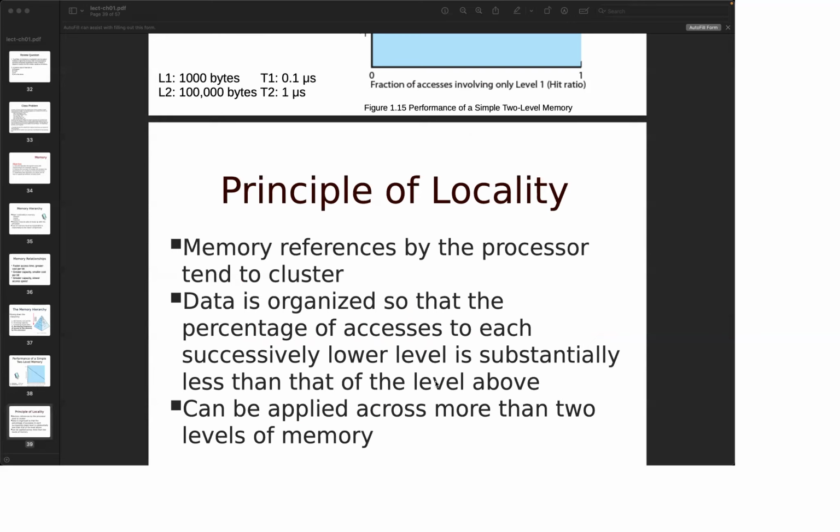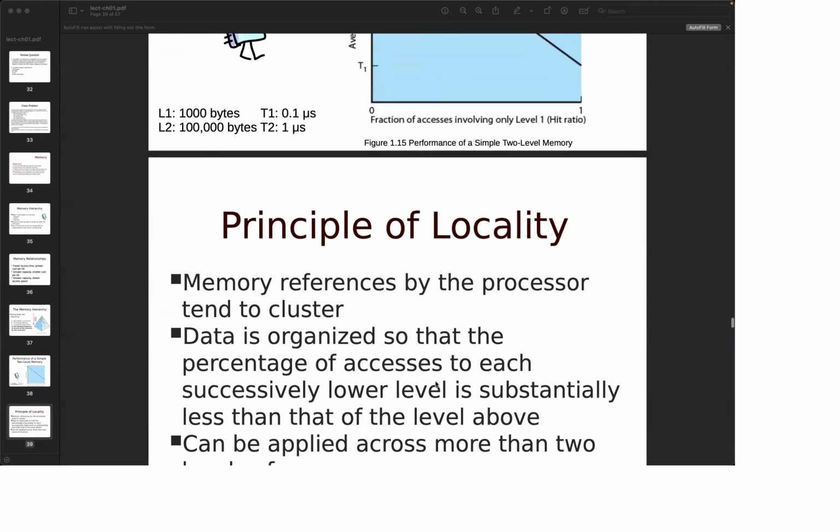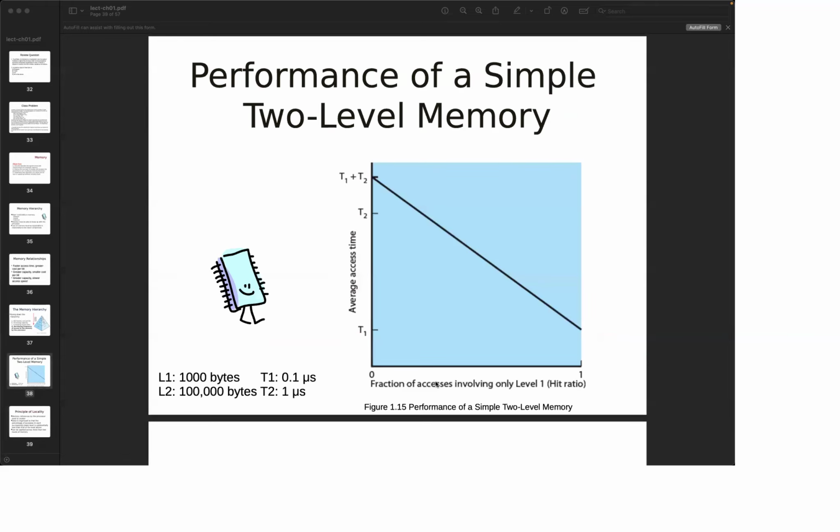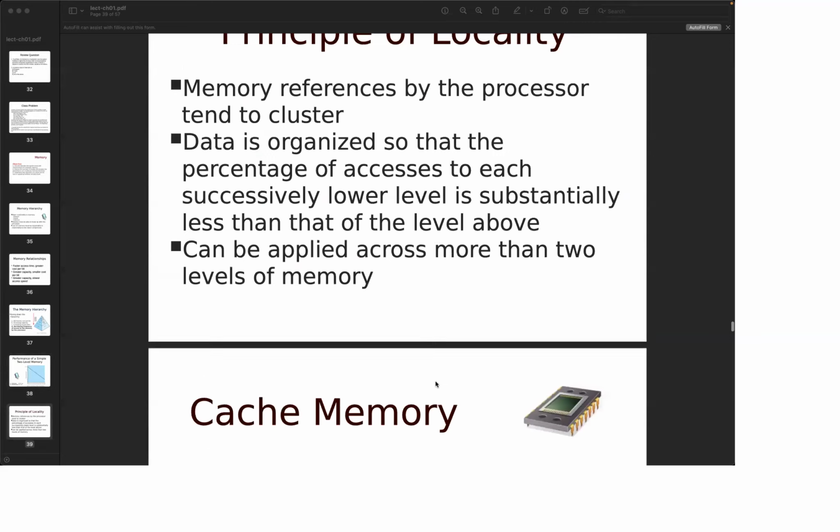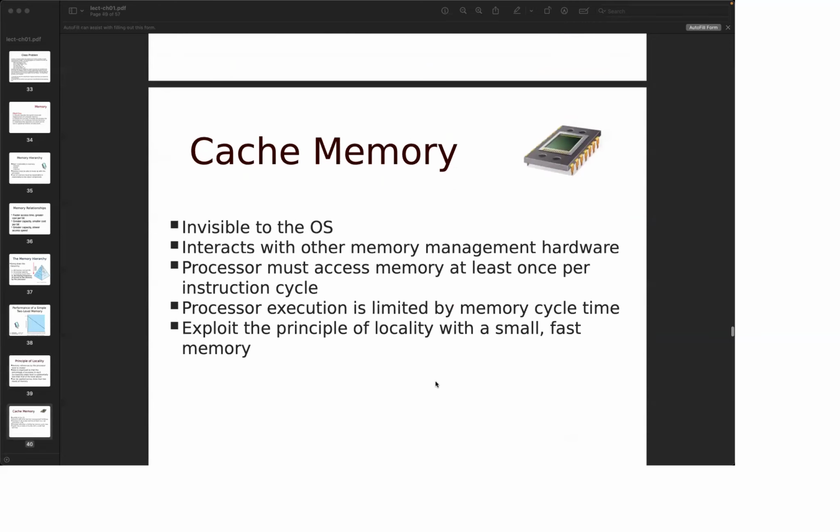So it's good enough, but right now this one is not the updated one, so we just need to know a little bit. And we also have a cache, which is invisible to the OS. Even the CPU and the OS don't know exactly what's inside the cache.